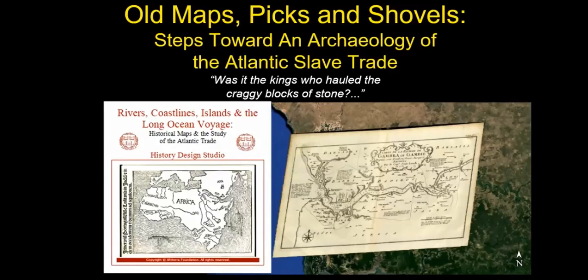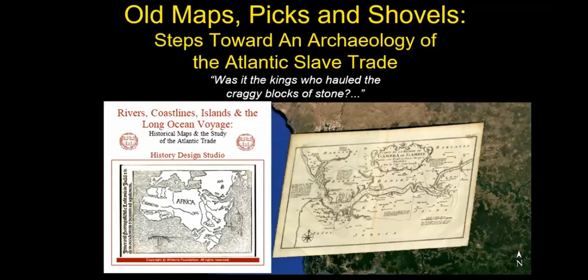But as one poet put it later on in a very powerful poem, was it the kings who hauled the craggy blocks of stone? This is the kind of question that can't help but be raised by the close study of these maps and the archaeology of the buildings left in the African coast. We're taking steps towards an archaeology of the Atlantic slave trade.